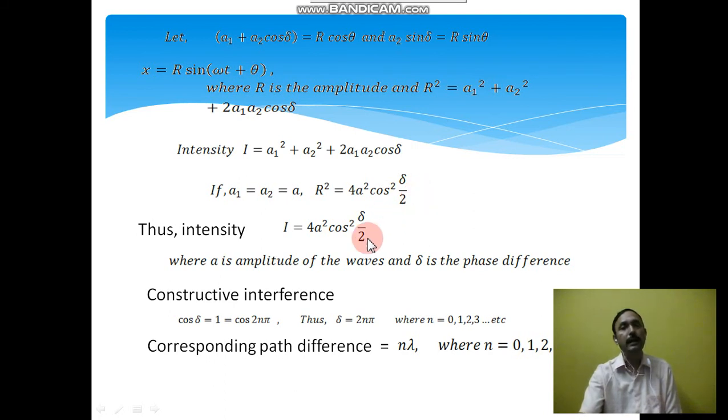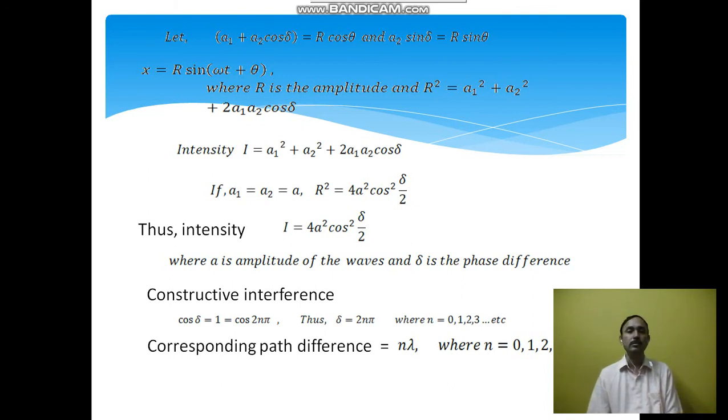Thus the intensity I is equal to 4A square cos square delta by 2. Already we have said A is the amplitude of the waves and delta is the phase difference. Now the conditions of constructive interference and destructive interference.